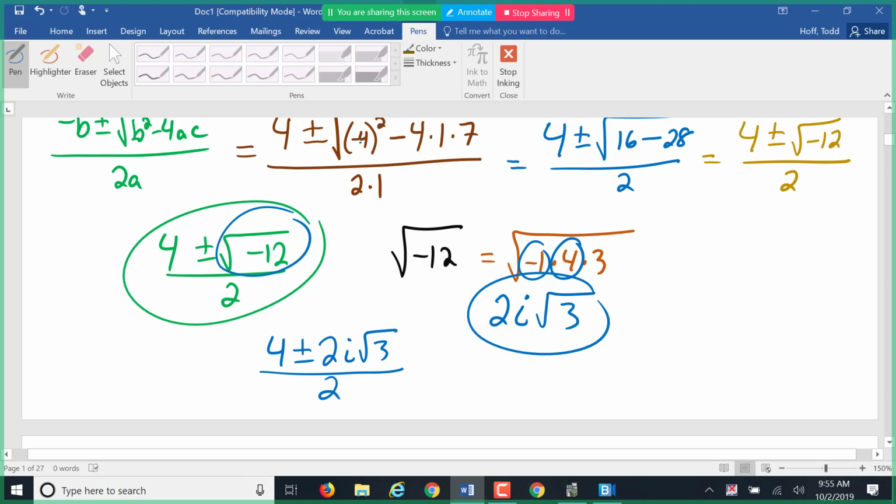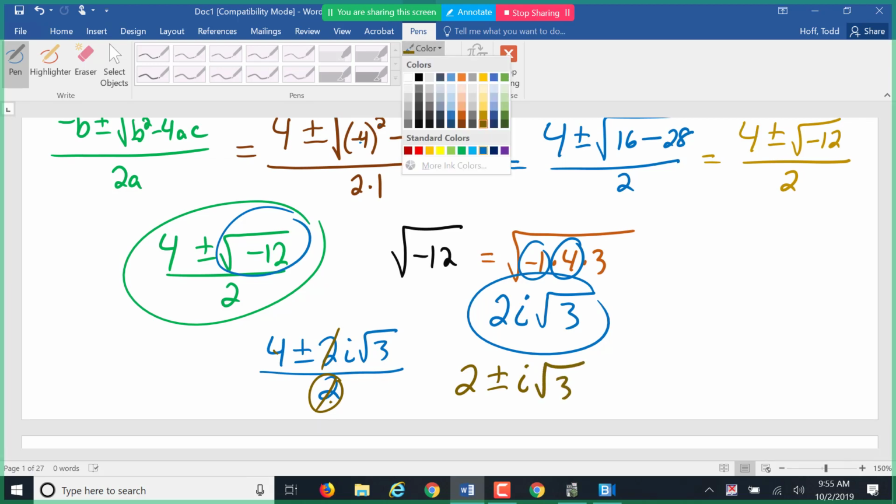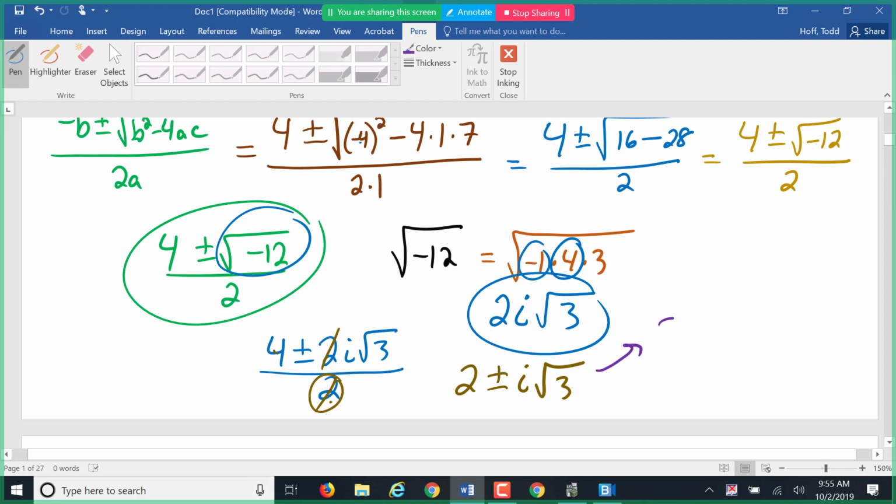Now all that's left is to divide out by this 2. 4 divided by 2 is 2, plus or minus. That 2 just cancels out. So 2 plus or minus i times the square root of 3. So that gives us 2 roots: 2 plus i times the square root of 3 and 2 minus i times the square root of 3.